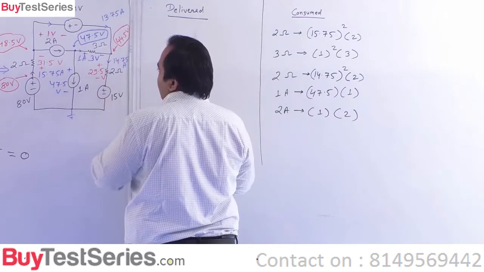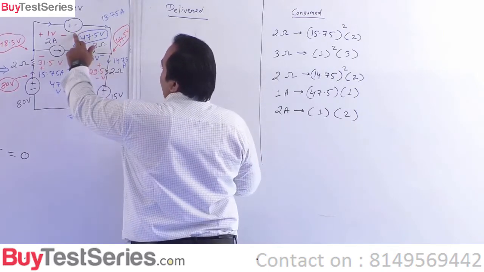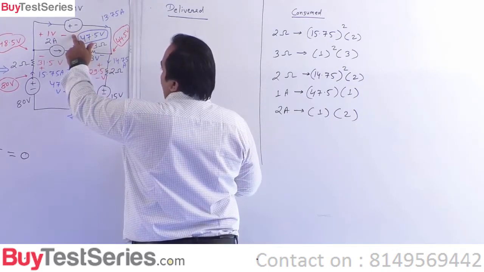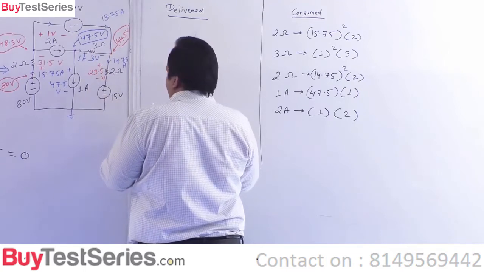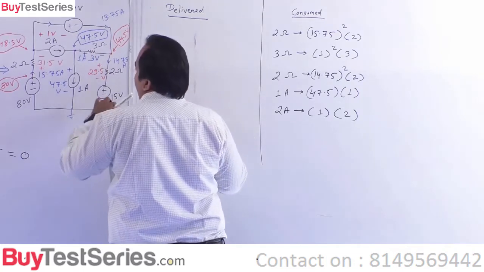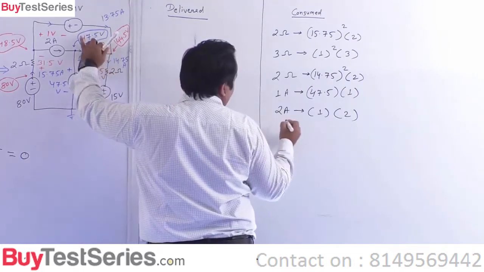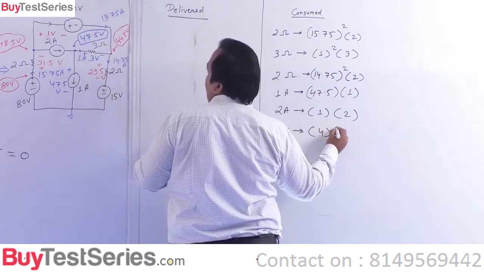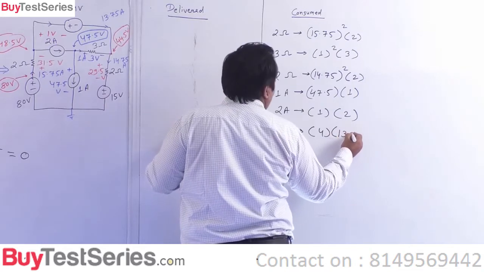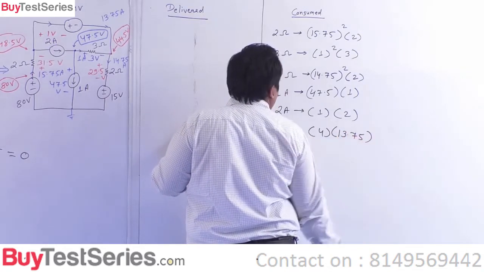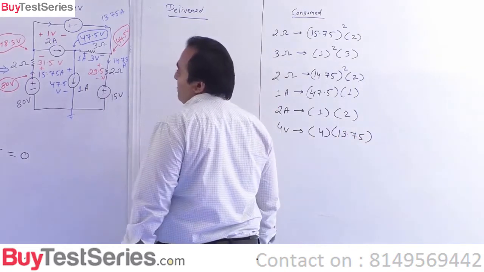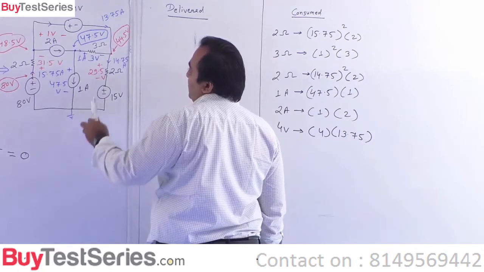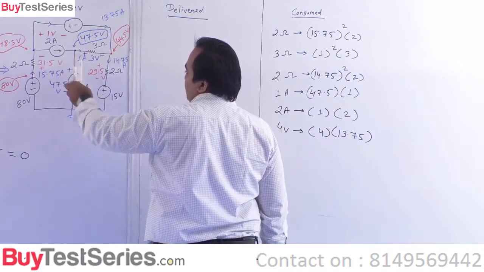If you look at this voltage source 4 volt, this 4 volt source is also consuming. How much is it consuming? 4 into 13.75, this much of power. We have done this current source.